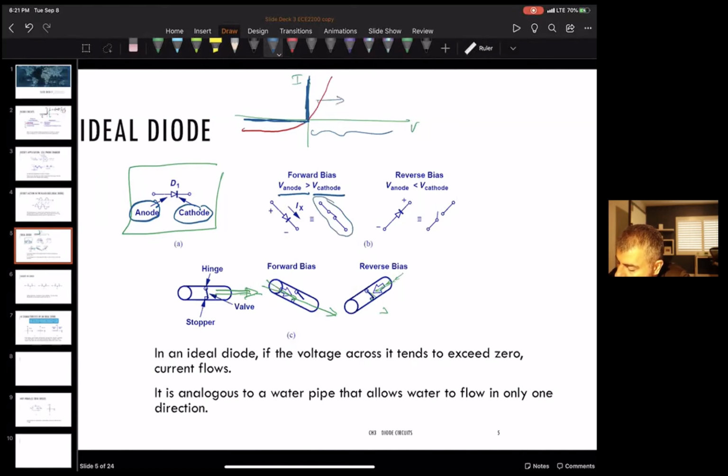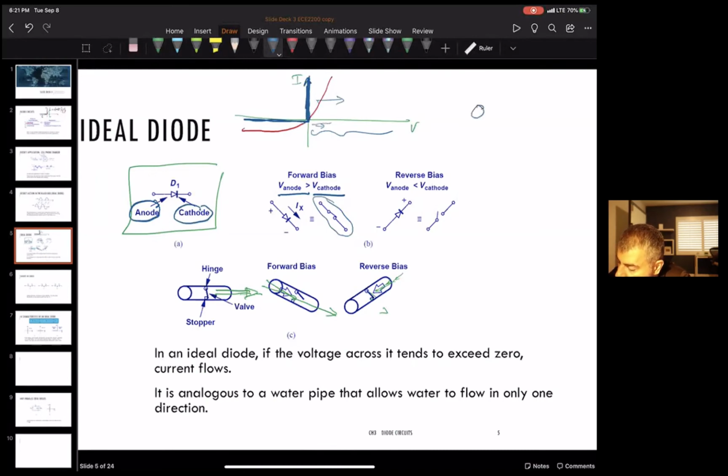Do you guys see how this line here is a short out here? It's basically providing infinite current as soon as you turn on. It's just jamming the current in there.